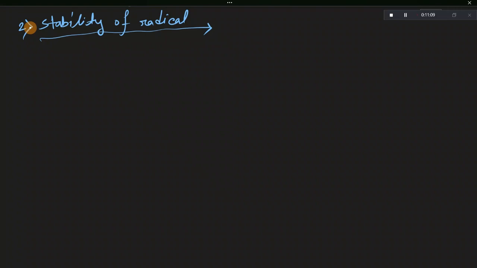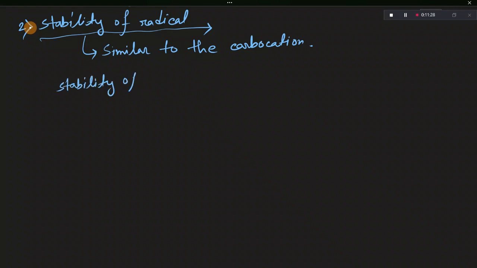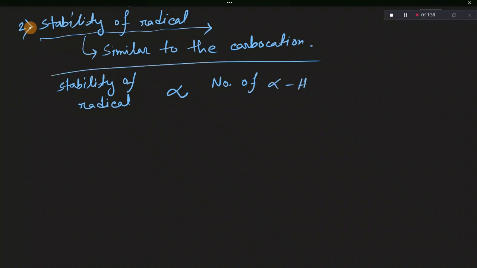This is very similar to the carbocation. So we can write that the stability of a radical is also proportional to the number of alpha hydrogens.